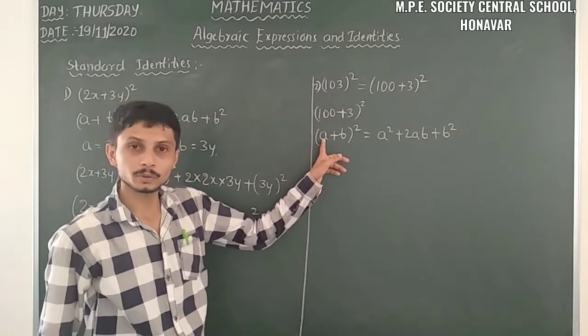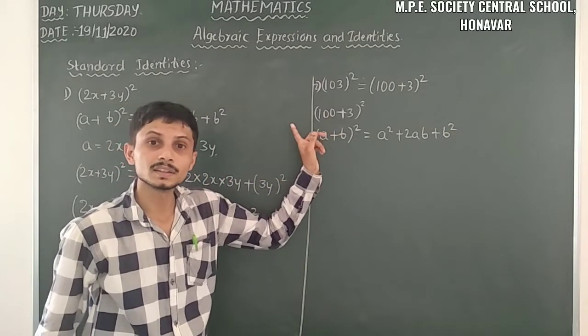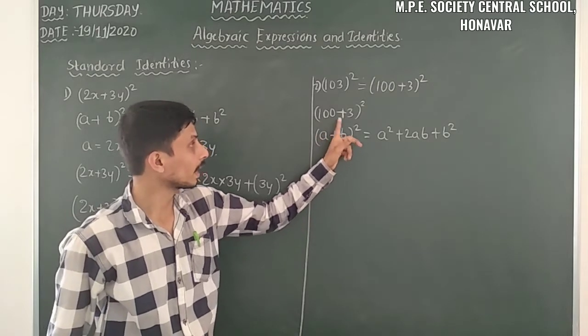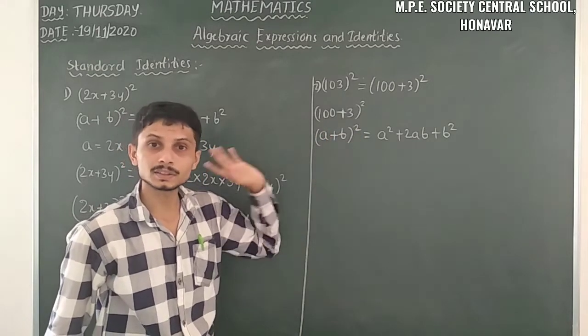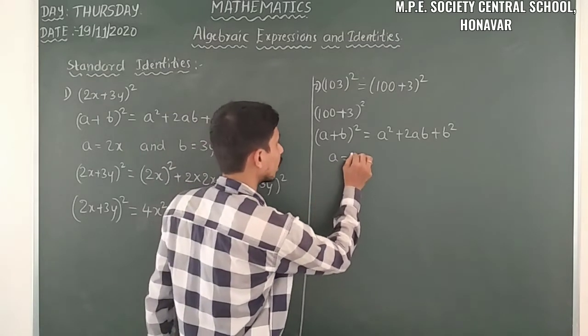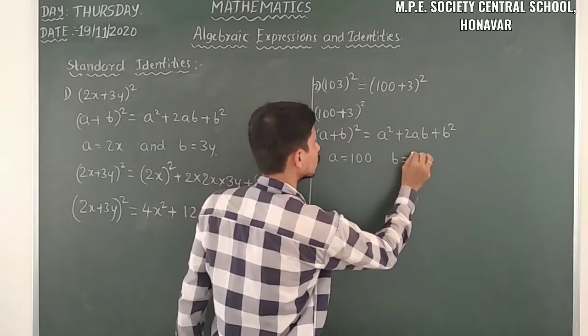So what do we have to do here? We insert 100 in place of a and 3 in place of b, that is a is equal to 100 and b is equal to 3.